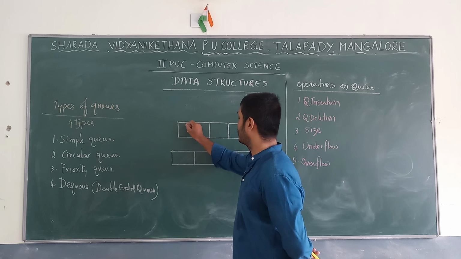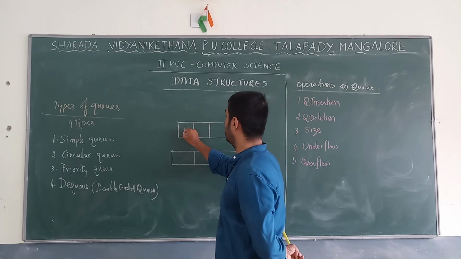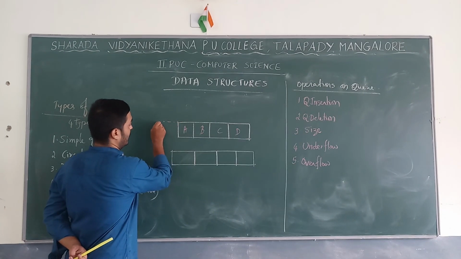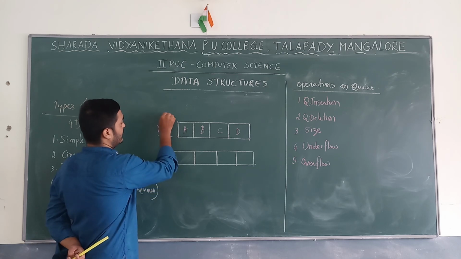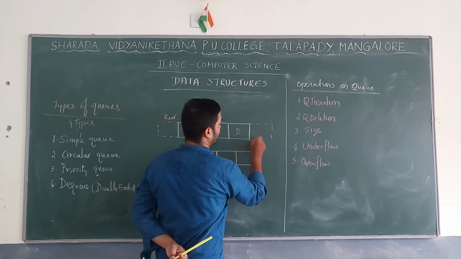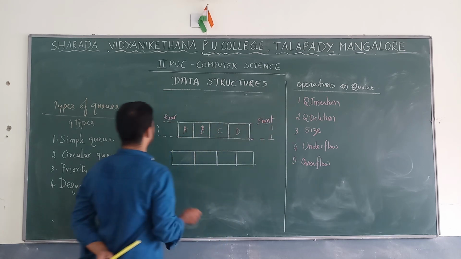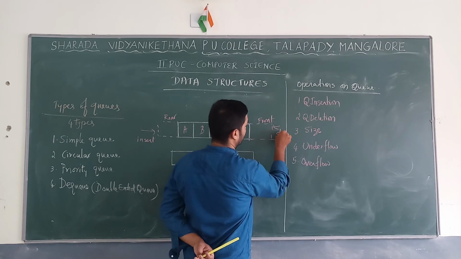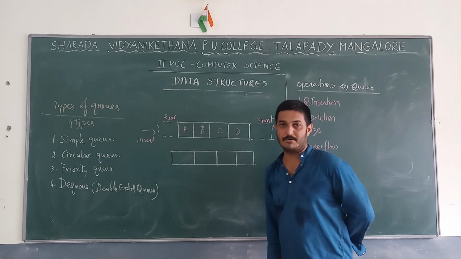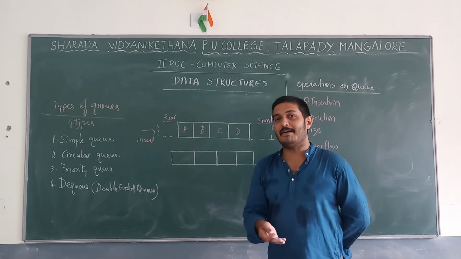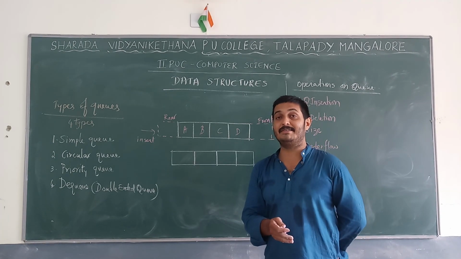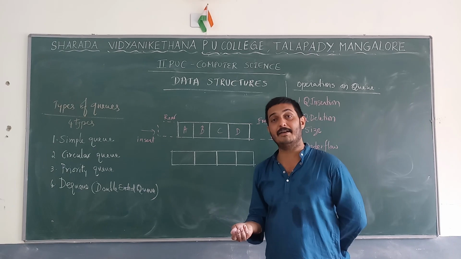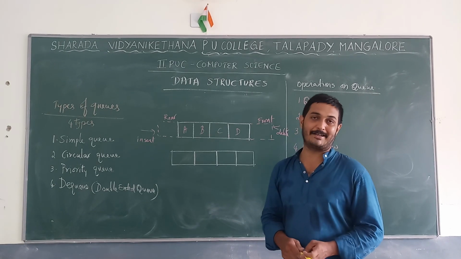A simple queue can be represented like this: A, B, C, D, with rear at one end and front at the other. At the rear end we can insert, and at the front end we can delete. So a simple queue is a queue where insertion takes place at one end called rear and deletion takes place at another end called front.